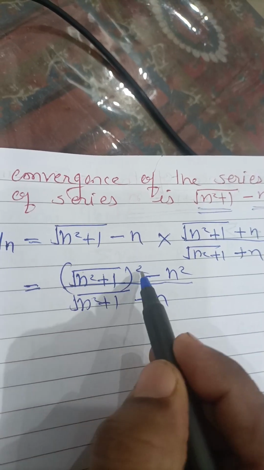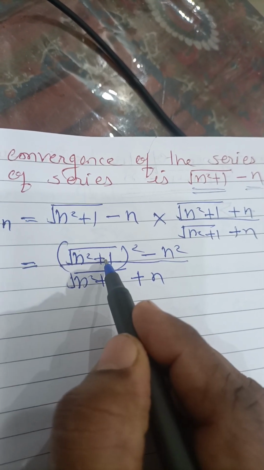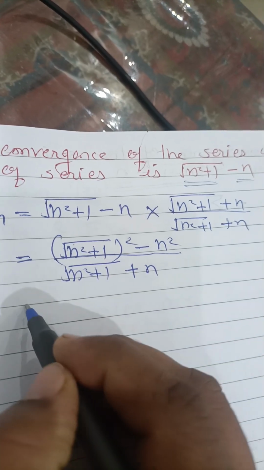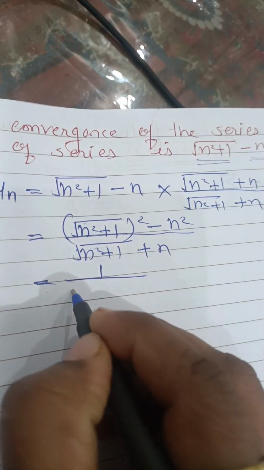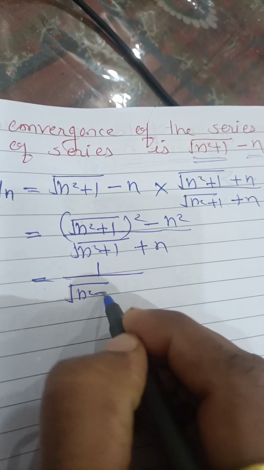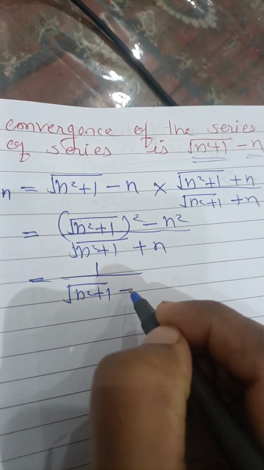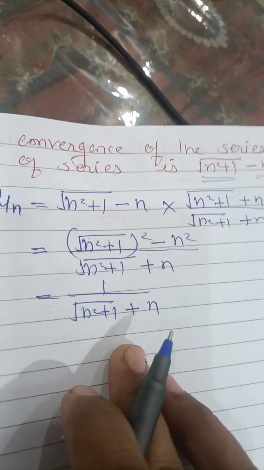So, root n square gets cancelled. Simply remains n square plus 1 minus n square. It means only 1 remains in numerator. And in denominator, root n square plus 1 plus n. Now, this is the standard form.